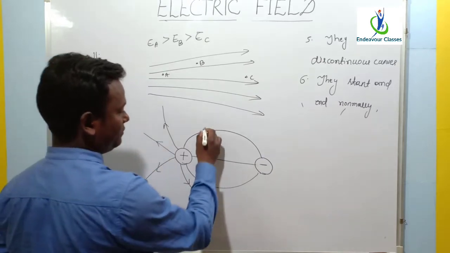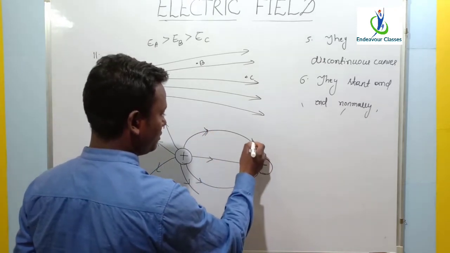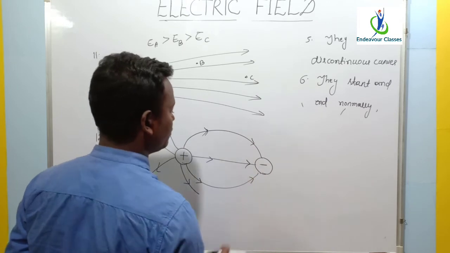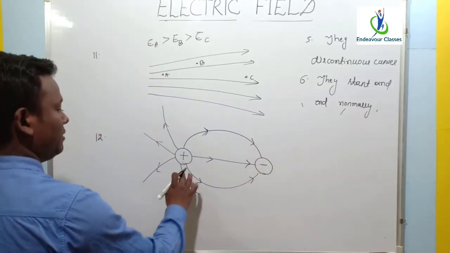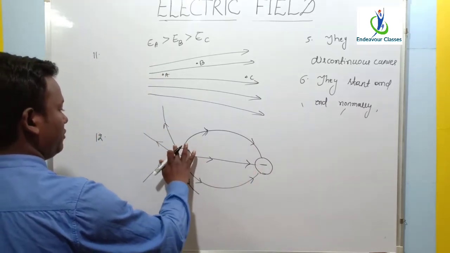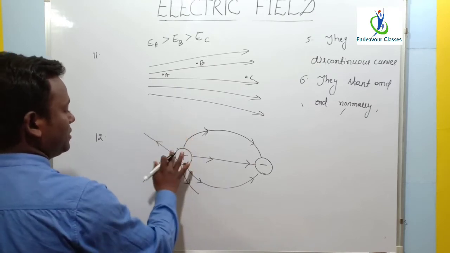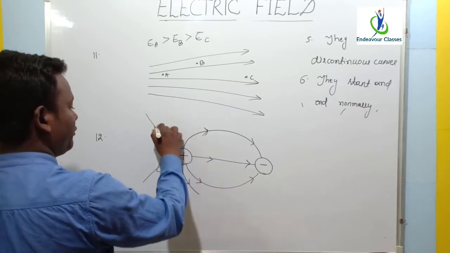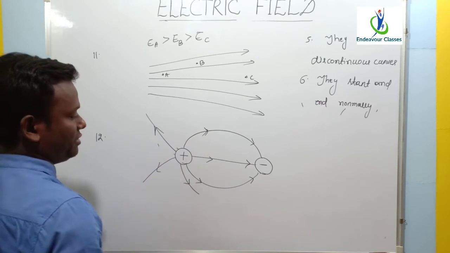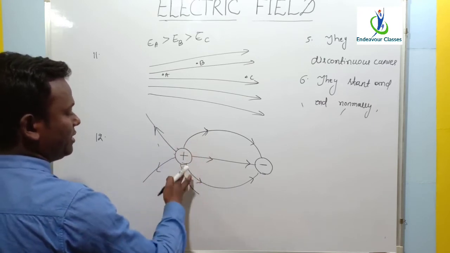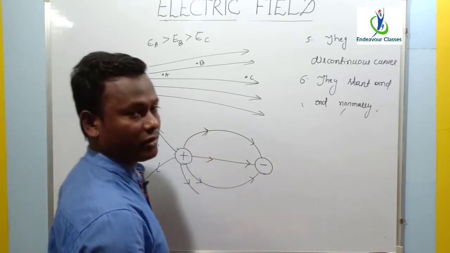You can see that here 3 lines of force are terminating on the negative charge, but here 6 lines of force are emerging from this positive charge. Here it is 6 and here it is 3.